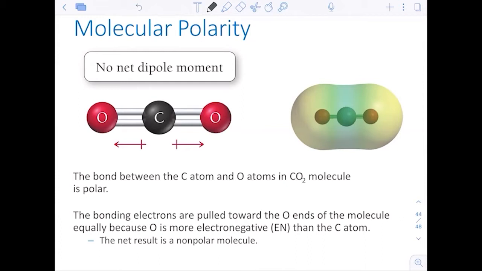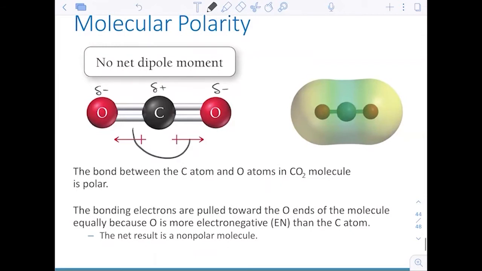Yes, in terms of polarity, oxygen is delta minus, carbon is delta plus, and this guy is delta minus. But because of this perfect 180 degrees linear structure, our vectors for our polar bonds cancel each other out. So the overall net result, a non-polar molecule. There's symmetry at work.